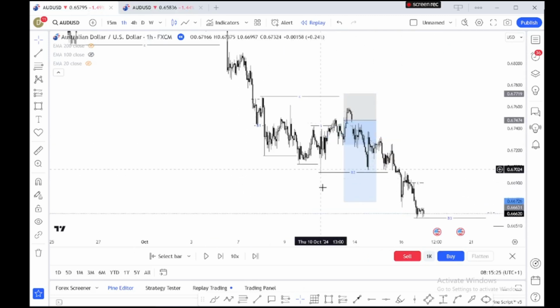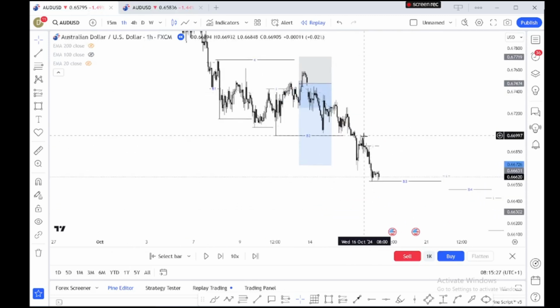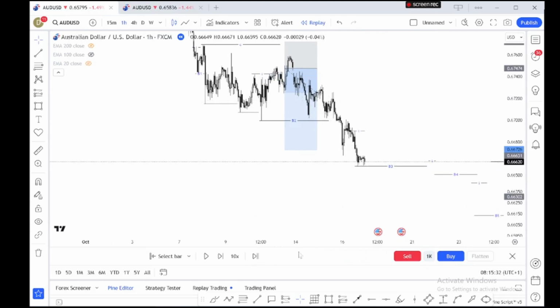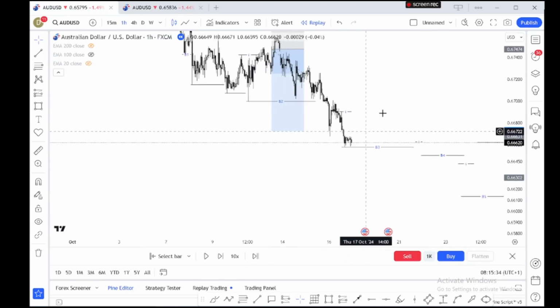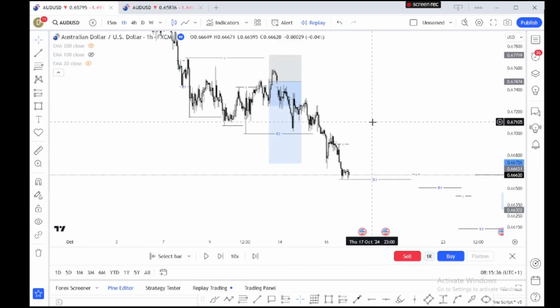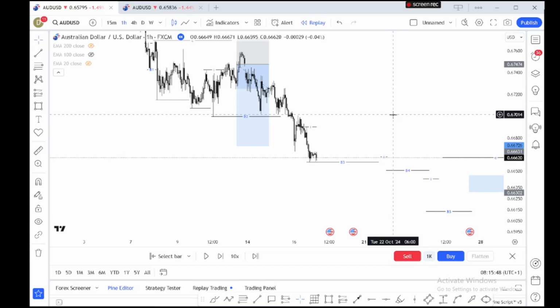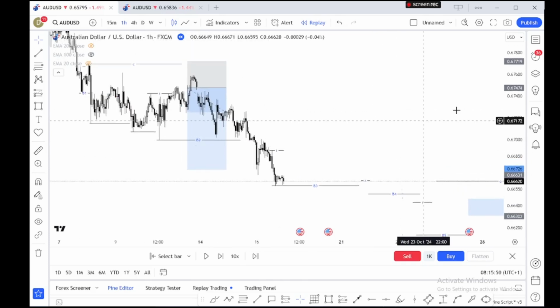This was the trade I had the previous week, and I've cut this chart so that we can use replay tools to understand where we are coming from and how I was able to engage in this trade.